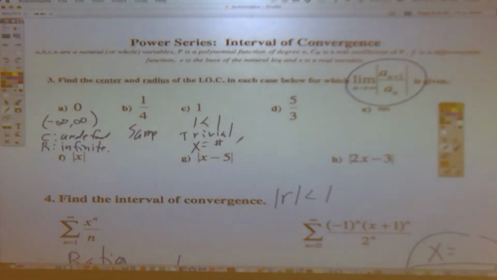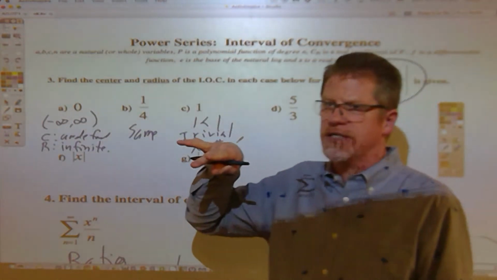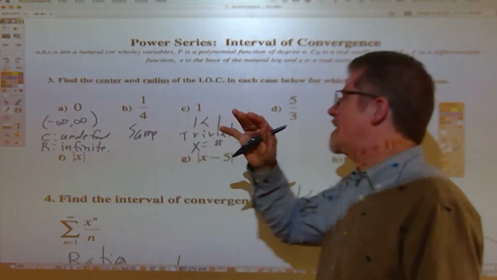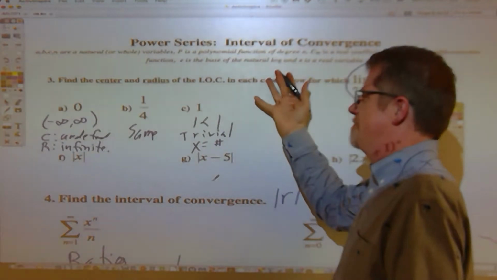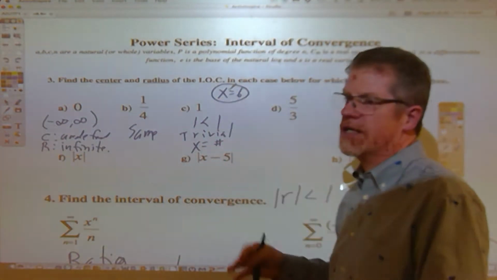And so technically, the center would be whatever that number is. You remember that example we did where it converged for only one value of x? I think it was on the homework, the value of x was 0. I'll just make this up. Suppose it turned out that it only converged when x is equal to 6.